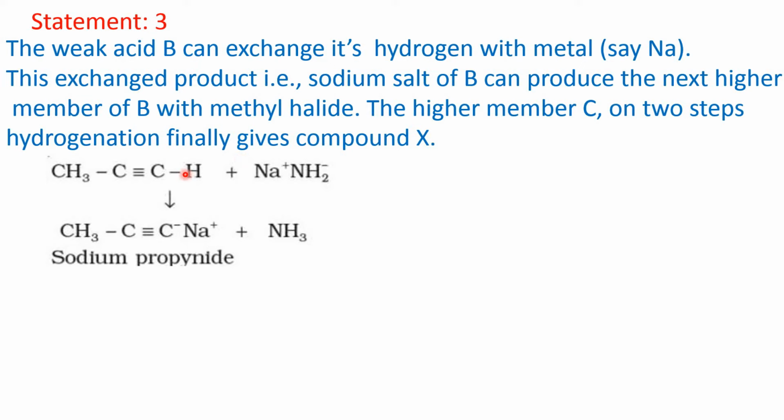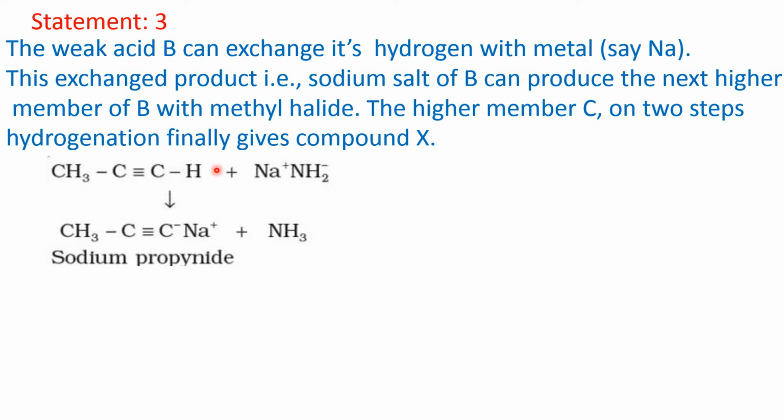Okay. Why? Because this triple bonded carbon atom is sp hybridized, and sp hybridization means more s character. If s character is more, then this carbon-hydrogen bonded electron pair will be more strongly attracted by this carbon. So this triple bonded carbon atom will become electronegative, so it can attract this bonded electron pair.